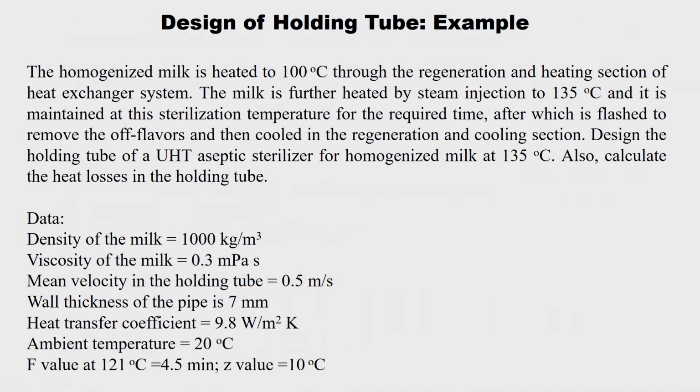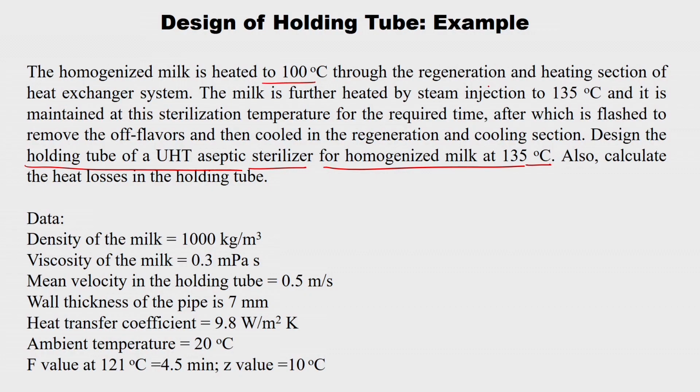So, we are going to do one problem as a design example. Here we were told to design a holding tube of a UHT aseptic sterilizer for homogenized milk at 135 degrees. Right, the homogenized milk is heated to 100 degrees through the regeneration.